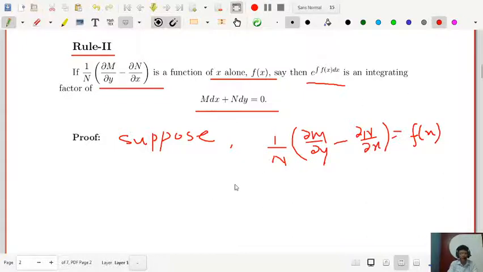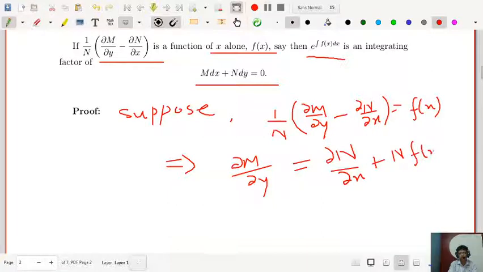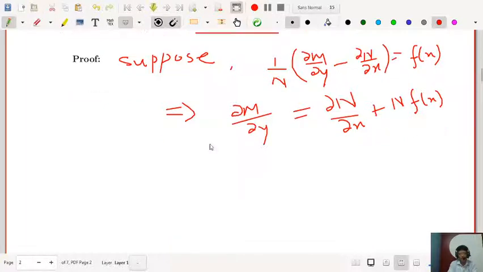Then hence del M del y can be written as del N del x plus N into f(x). This goes to that side, cross multiplication, and after that, now this is the equation.